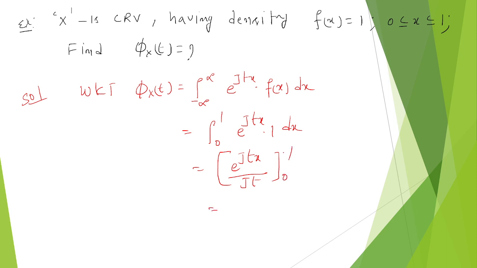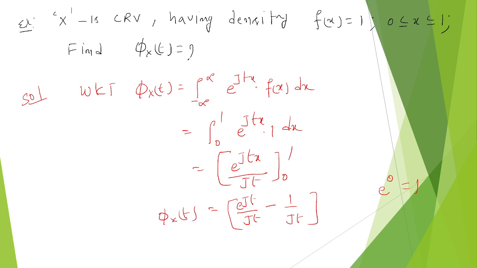Substituting 1 in place of x gives e power jt by jt, minus e power 0 by jt, which is 1 by jt, because e power 0 equals 1. So this is phi x of t, an averaging process for the given limits.